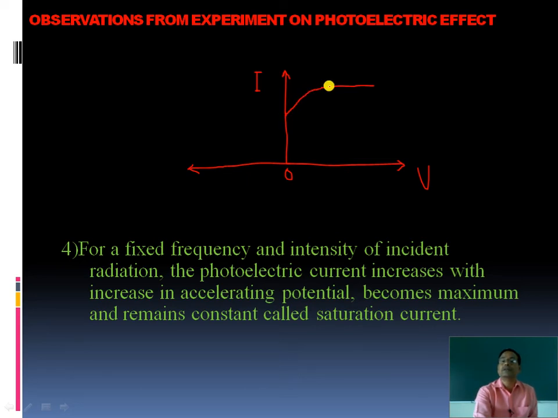It becomes maximum and then remains constant. Even if we increase the accelerating PD, there is no change in collector current. So this maximum value of collector current is called saturation current. This is the fourth observation from the study of photoelectric effect.